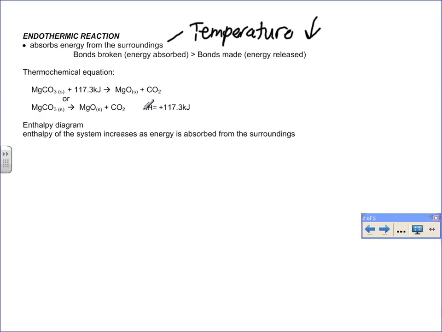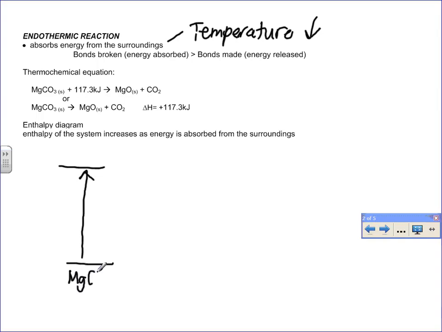Because the enthalpy that we report is a change in enthalpy, we can show an enthalpy diagram, which actually shows a visual of the change in the enthalpy of the system. So in this case, the enthalpy change is positive, so that means that the enthalpy has increased over the course of the reaction.